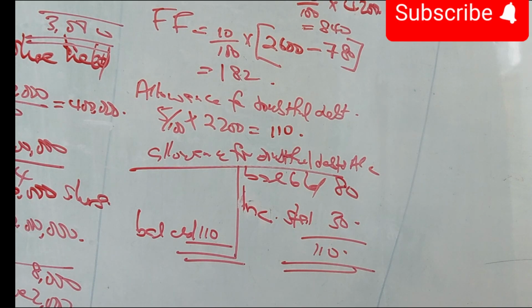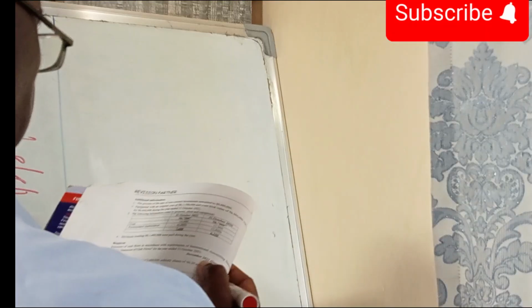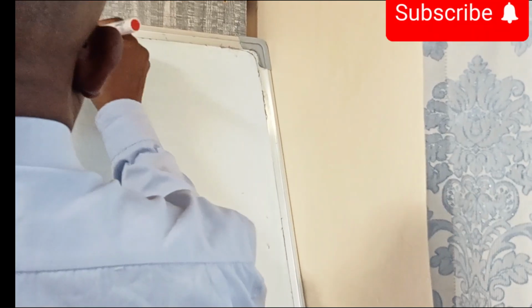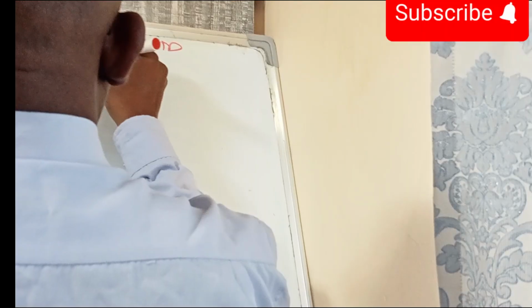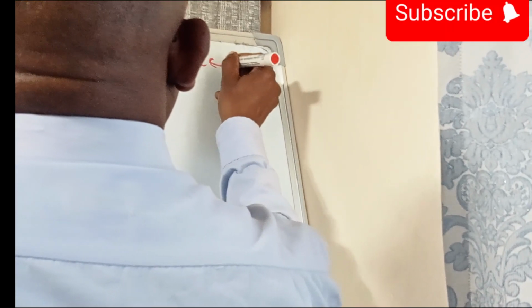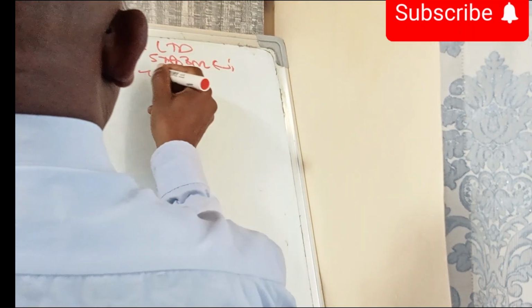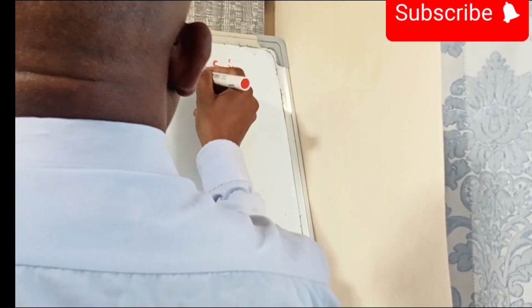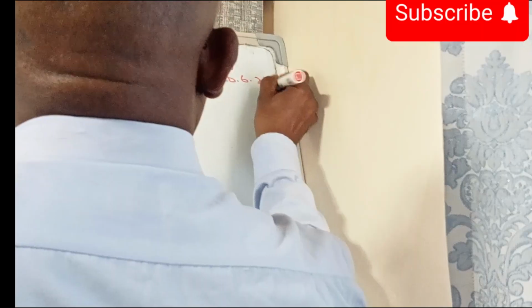Now, we are required to prepare the income statement for ZAMU Limited. ZAMU Limited income statement for the year ended 30th of June 2021.